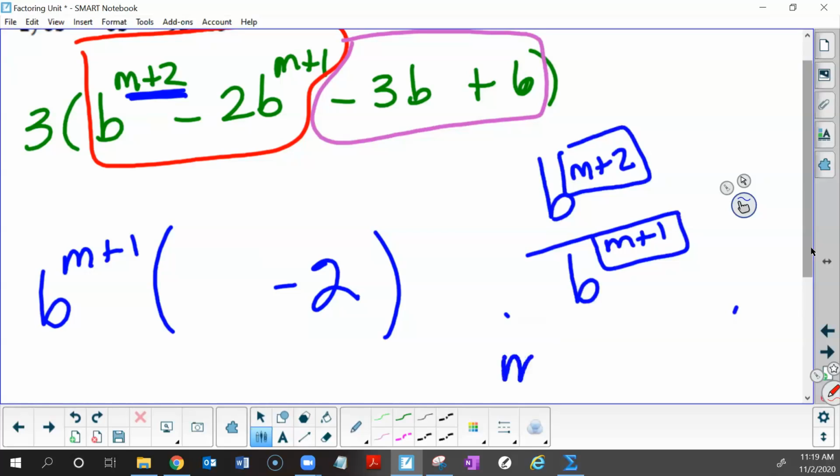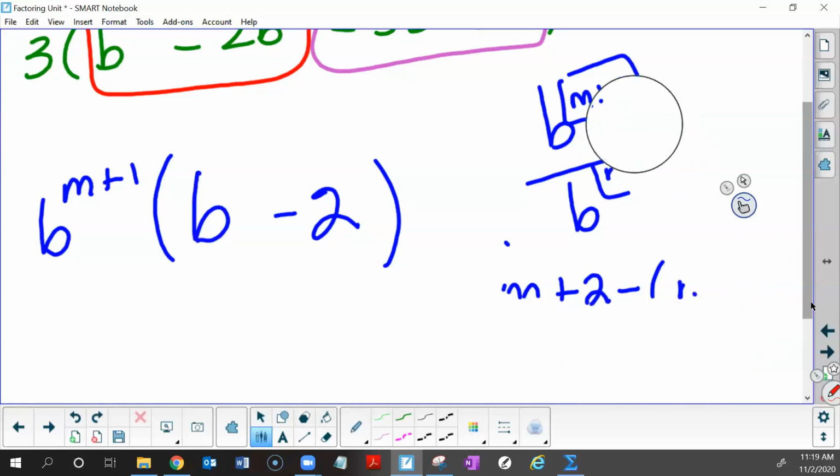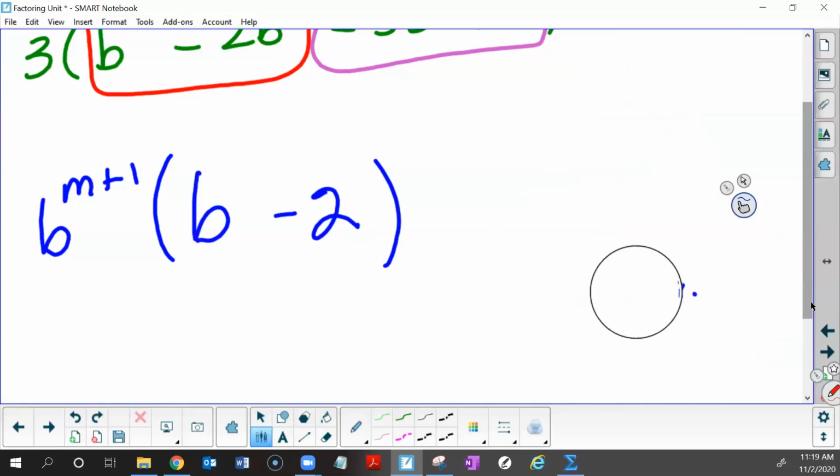So it would be n plus 2 minus n plus 1. And then when we distribute this negative, n plus 2 minus n minus 1, notice the n's cancel out completely. 2 minus 1 is just 1. So yes, we've confirmed twice that the first piece of that binomial is just the letter b.